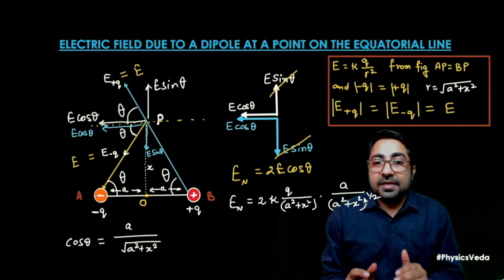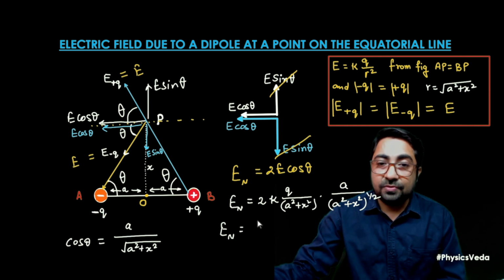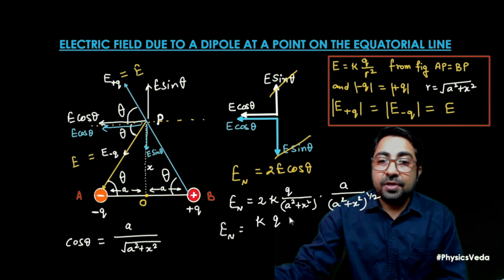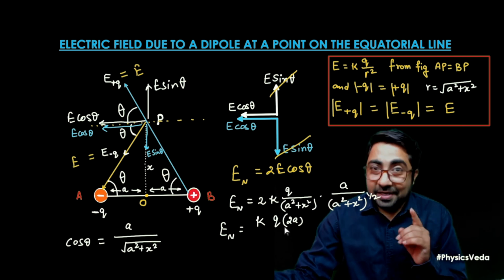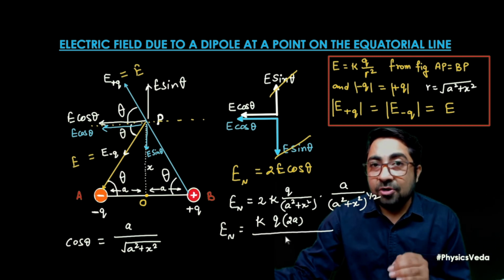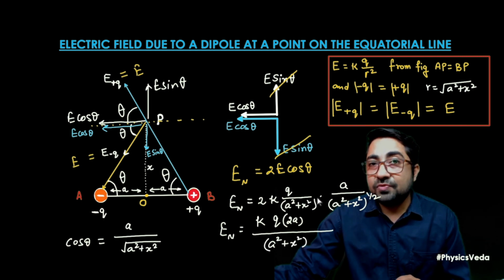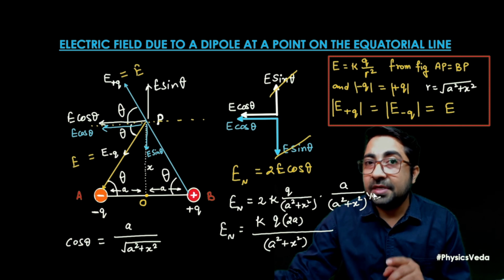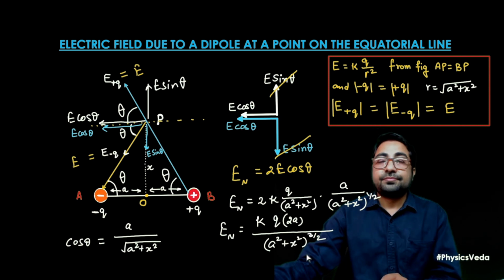Now further simplify the expression. So the total electric field is equal to K Q into 2a. I can write Q into 2a, and yes, Q into 2a is the electrical dipole moment. In the denominator, I can write a square plus x square to the power. Here the power is 1 and the power in the next term in the denominator is 1 by 2, so I can write 3 by 2.